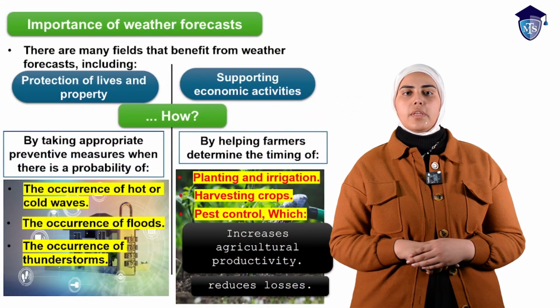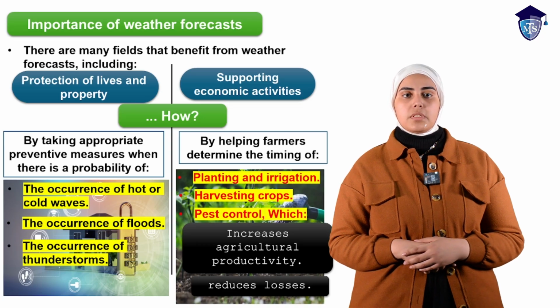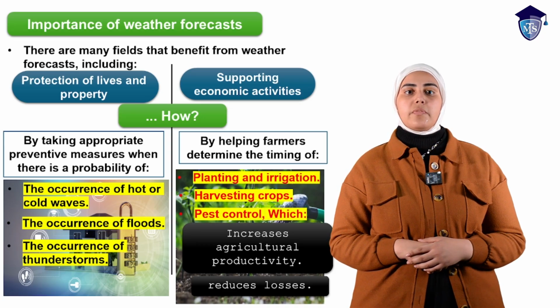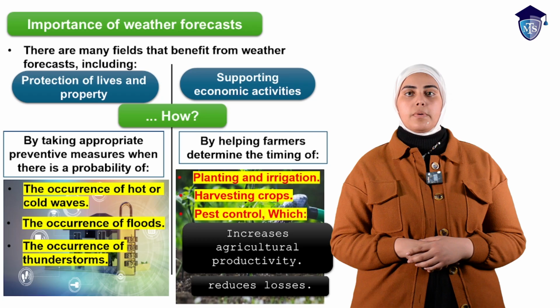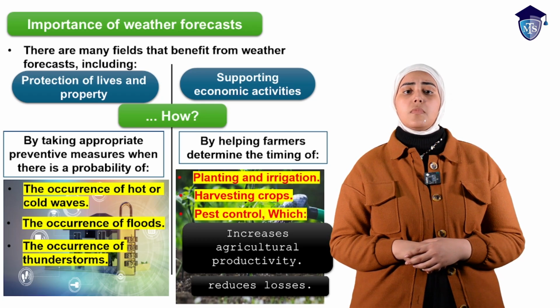Now, what do you think the importance of weather forecasting is? There are three importances. Number one, protecting lives and property by taking appropriate preventive measures when there is the probability of occurrence of hot or cold waves, floods, or thunderstorms.